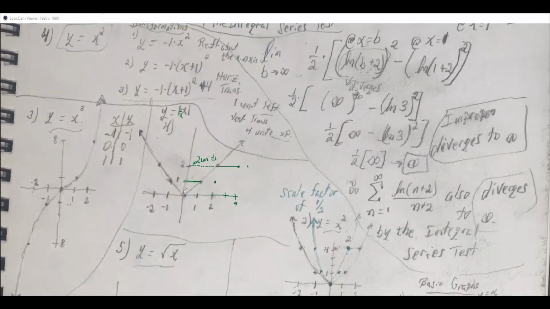Is this point going to change, guys? No. And this point right here was how far away from the y-axis? 1 unit. And now it's times 2, so that's going to be how far? -2 units.